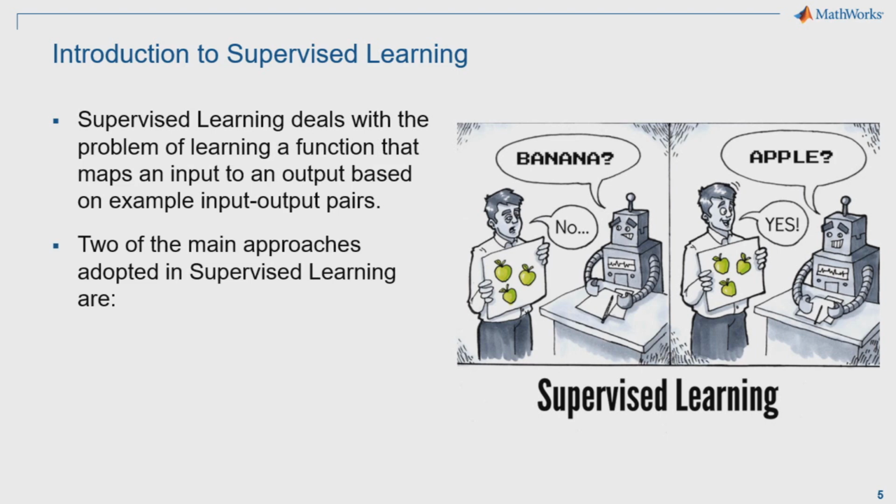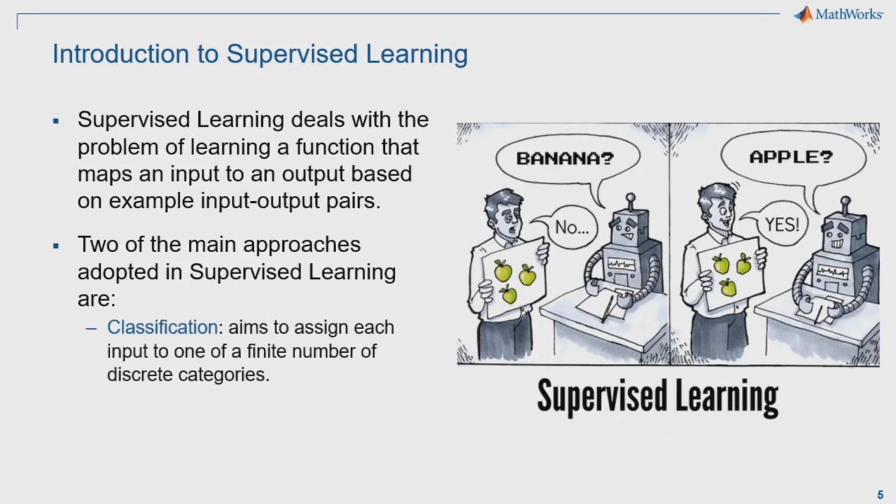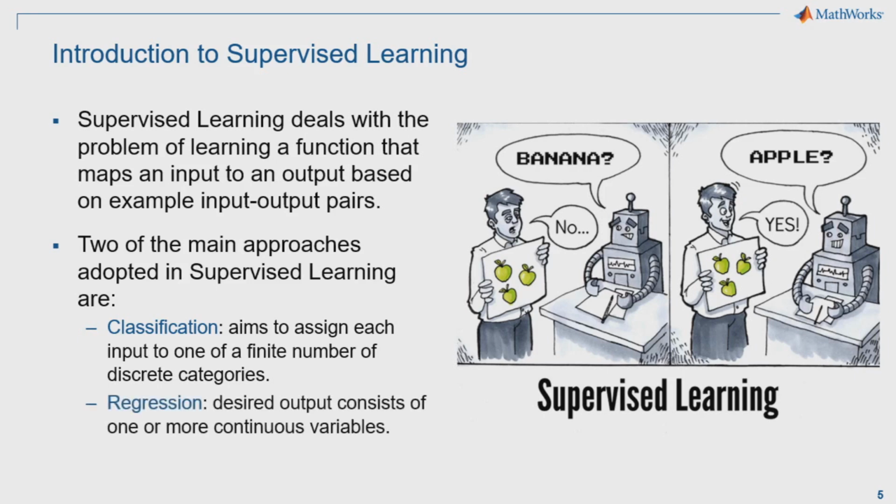So as I said at the beginning, there are two main approaches adopted in supervised learning, which are classification and regression. Classification aims to assign to each input one among the finite number of discrete categories that we have in our dataset. Instead, regression aims to assign a desired output which consists of one or more continuous variables.